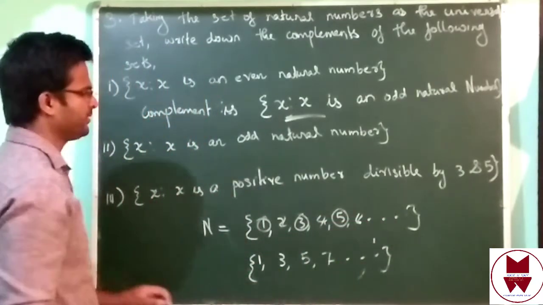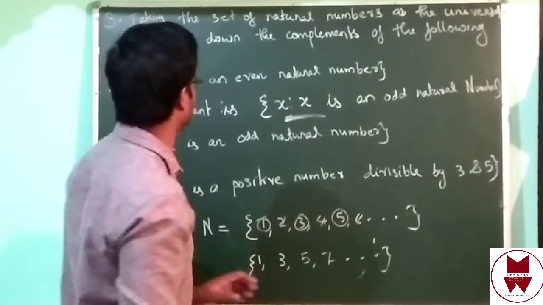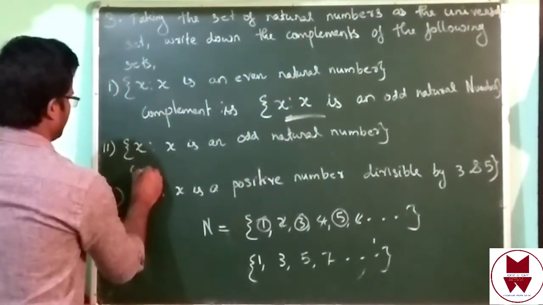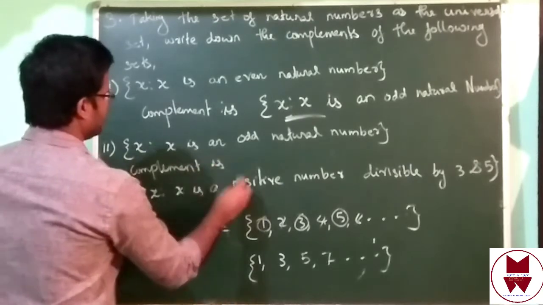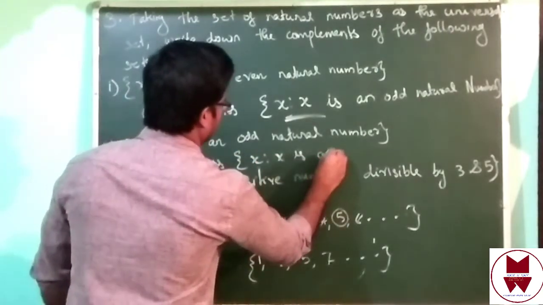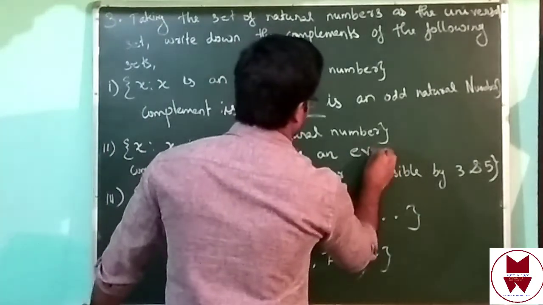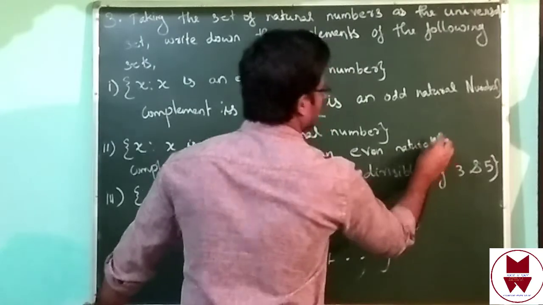Then which numbers are remaining? 2, 4, 6. Which type of number? That is even natural number, isn't it? Then we can write the complement is set of x such that x is an even natural number.